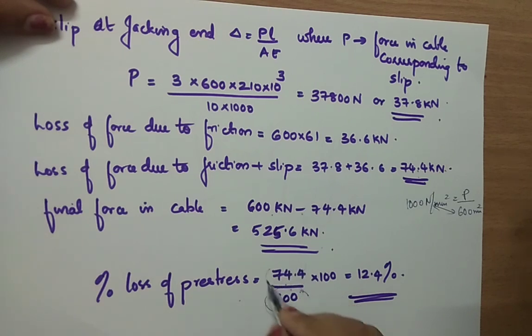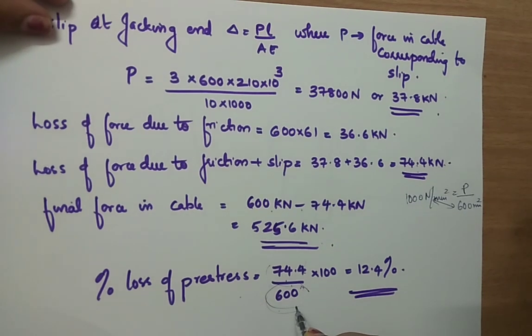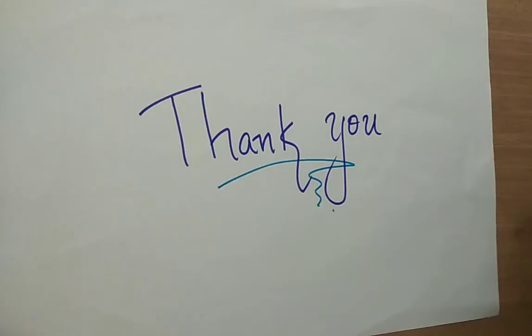If we are taking a total loss of pre-stress, then we have to divide it with initial pre-stressing force. So loss of force divided by initial force into 100 is 12.4%. So this is the solution of this problem.